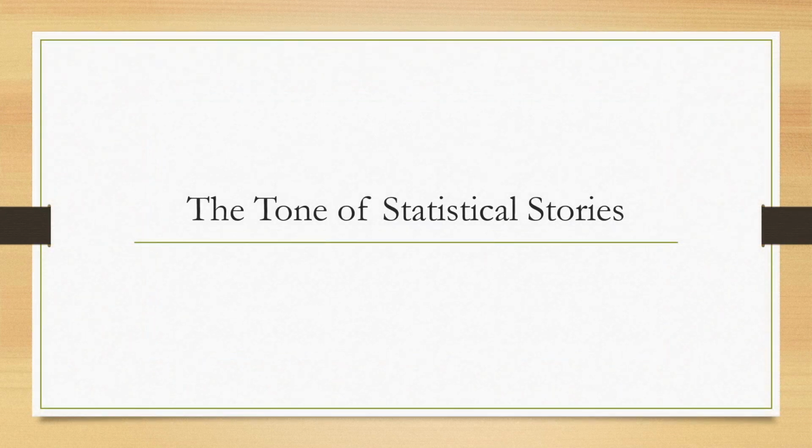All right, so we're going to start with a slow entry. And what I mean by that is we're not going to jump right into all the different pieces and what they all do and what they contribute as part of the story and how that comes together. I want to start with the tone of statistical stories.